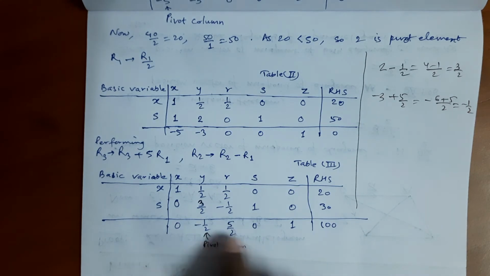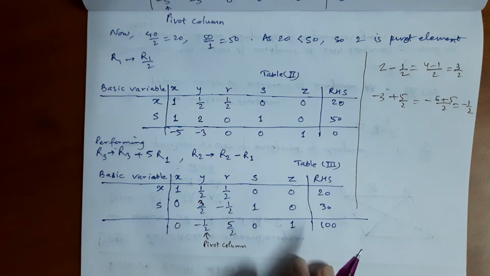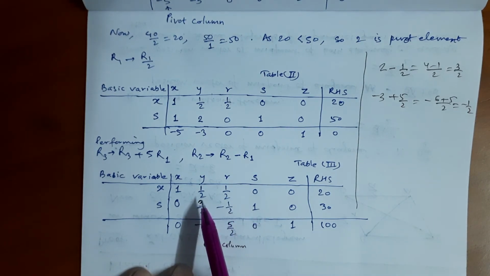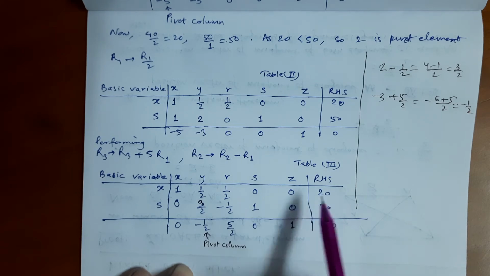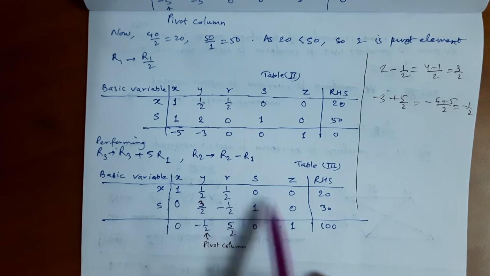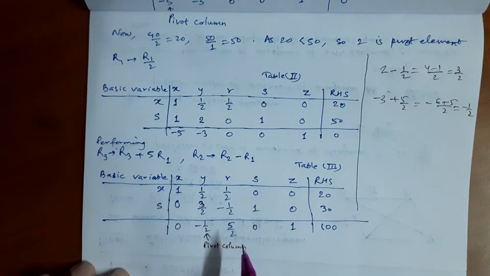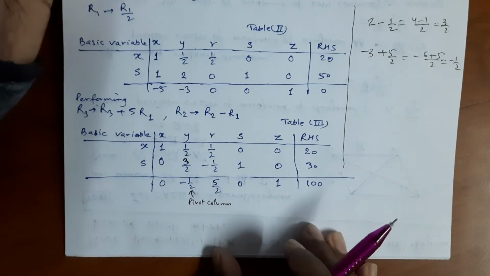Okay, till then we should continue the operations. So this is the pivot column, and now the ratio of the elements of the pivot column with the constants we will take, and that smallest ratio gives us the row for the departing variable. Okay, so now let's find out the ratio.